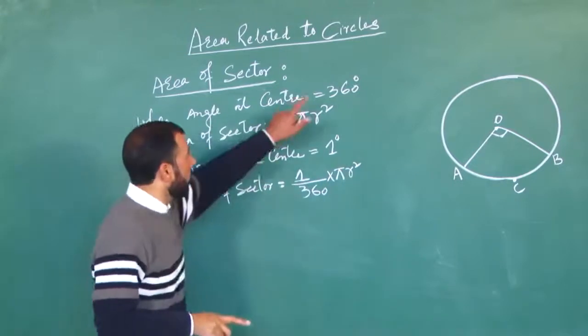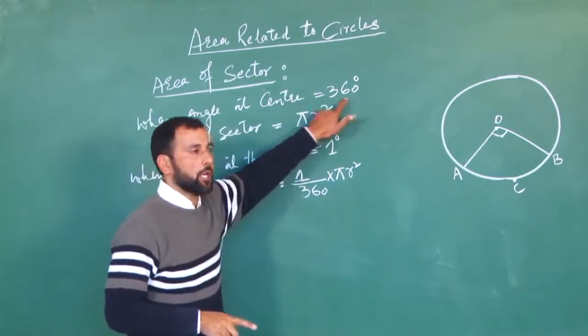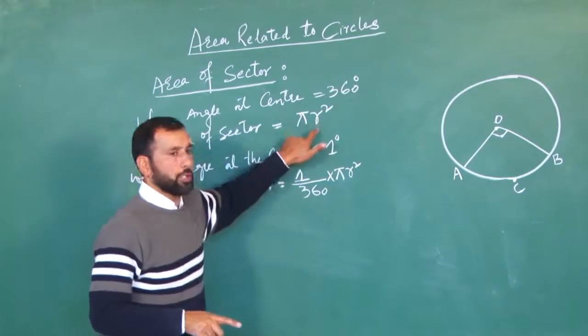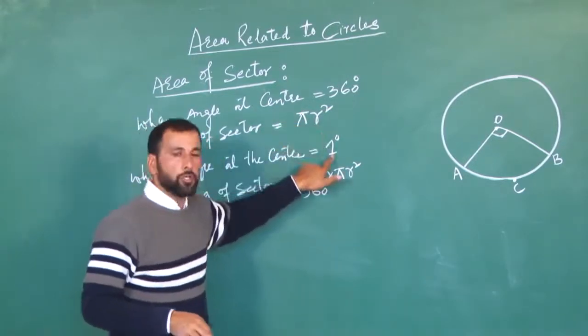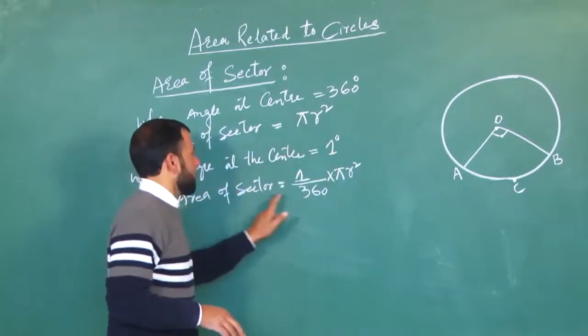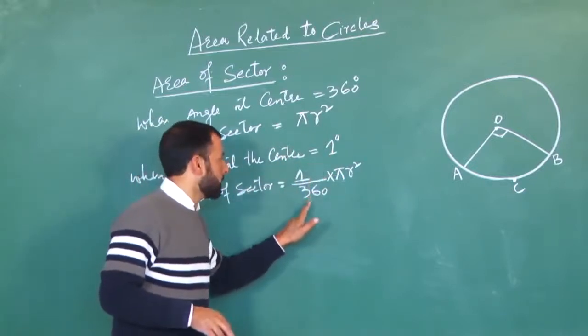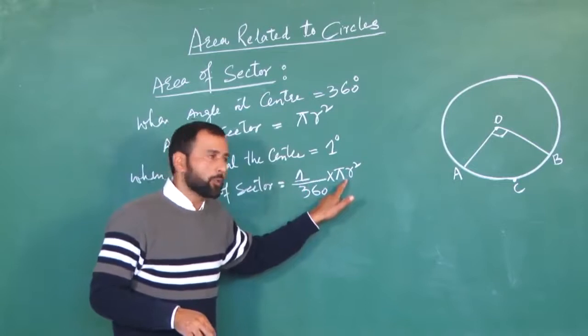Because when the angle at the center is 360 degrees, the area of the sector is equal to pi r square. And if the central angle is 1 degree, then the area of a sector is 1 divided by 360 into pi r square.